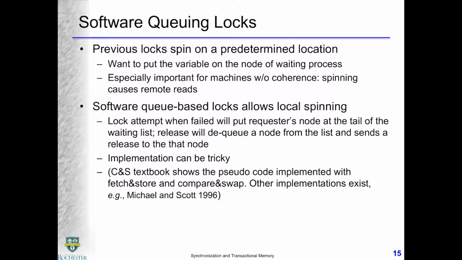And at that point, you don't even have the option of spinning on a global variable. You have to spin on some local variable. So if you organize these things well, then you're not spinning on a remote variable that you have to go there to read something.